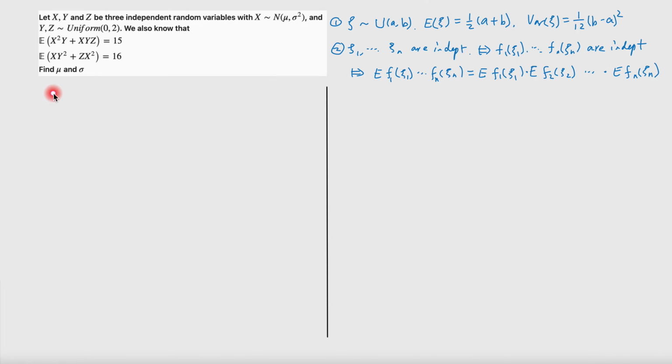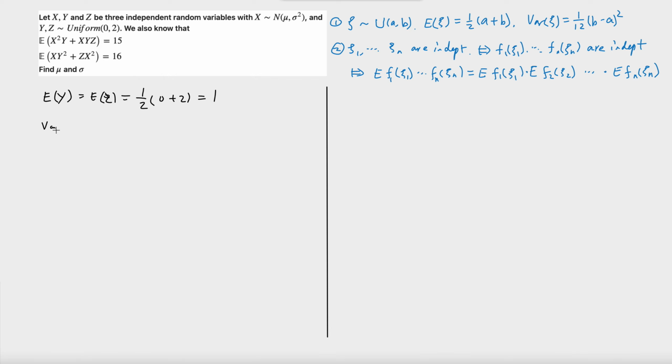First, let's solve for the expected value of y and z. The expected value of y is equal to the expected value of z, and since y and z are uniform from 0 to 2, using the fact here, the expected value is 1/2 times (0 plus 2), which is equal to 1.